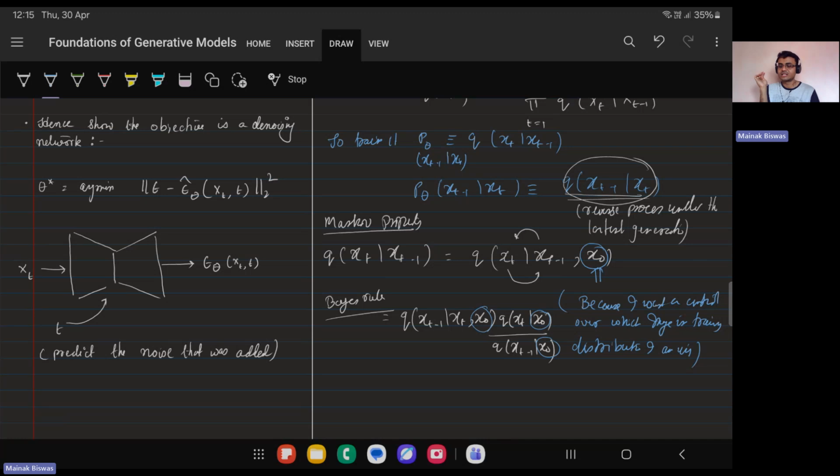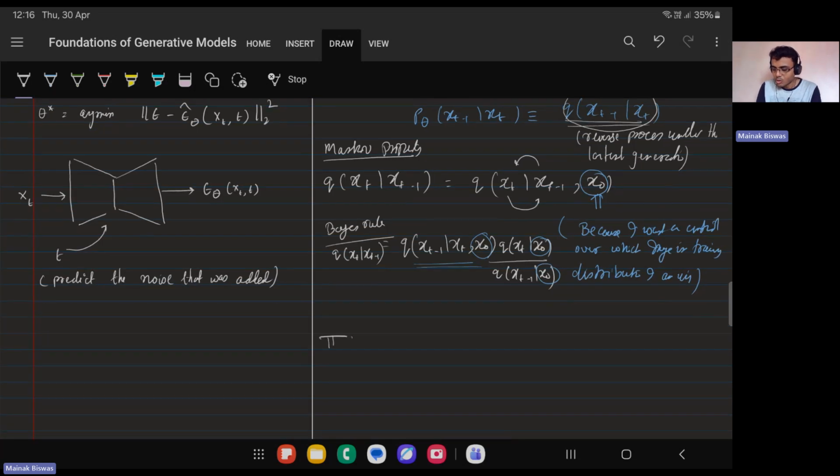So now I have this term, and I will write this product. So now I have got what I wanted: I wanted xt minus 1 given x0. So let us write this down. Xt minus 1. And then I can write this as the product of q of xt given xt minus 1, t equal to 1 to capital T, as the product of, or I'll write a few terms for you.